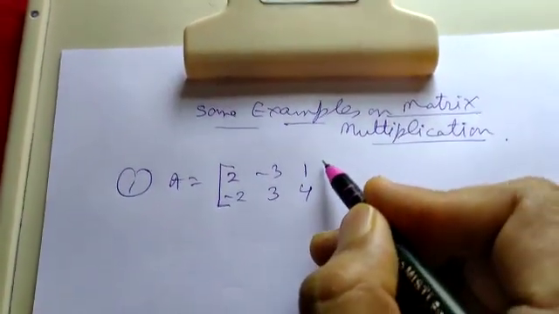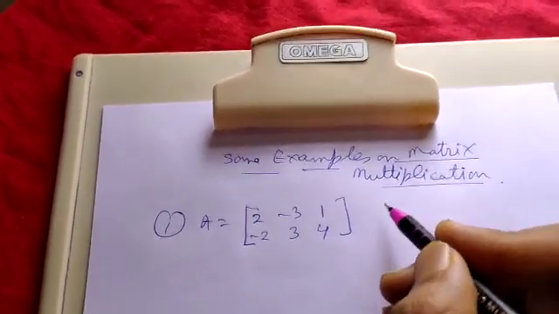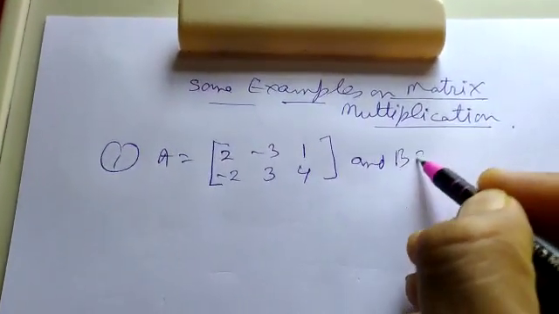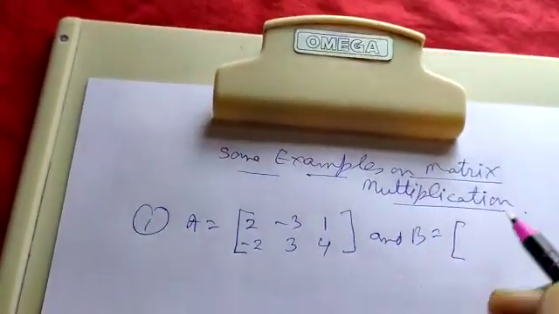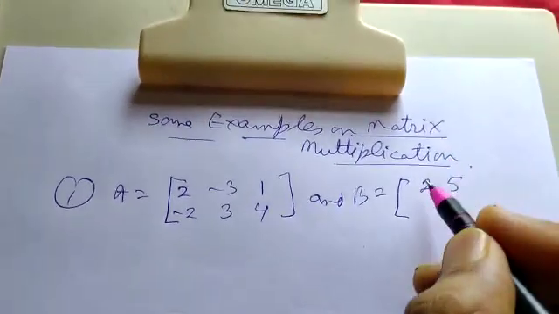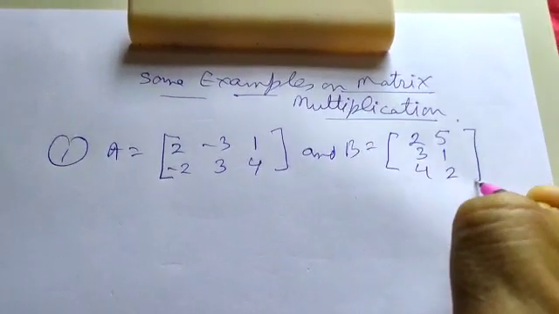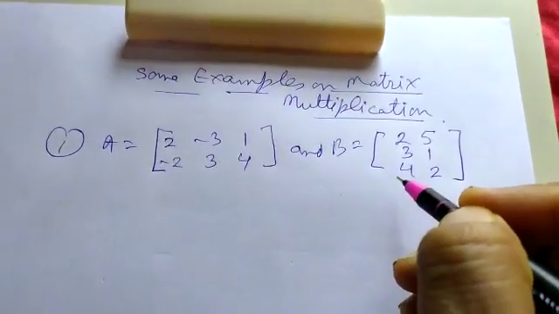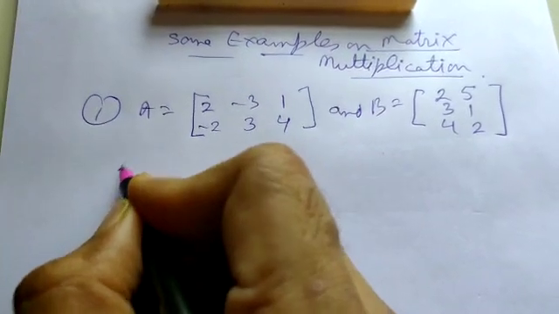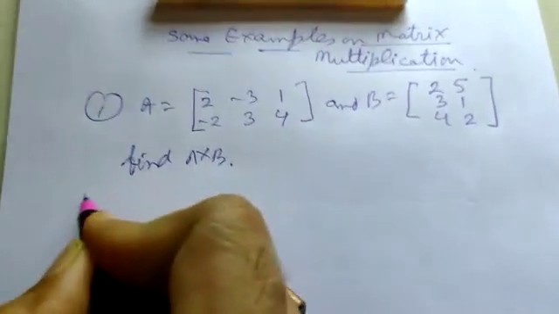Suppose these are the first matrix A, and let there be another matrix B, B equal to 2 5 3 1 4 2. This is the second matrix. Now let us find A cross B.